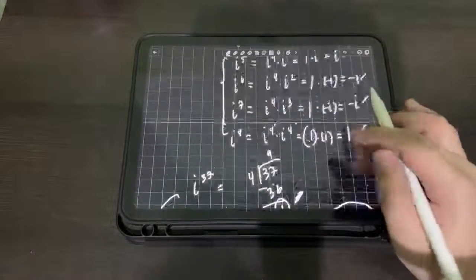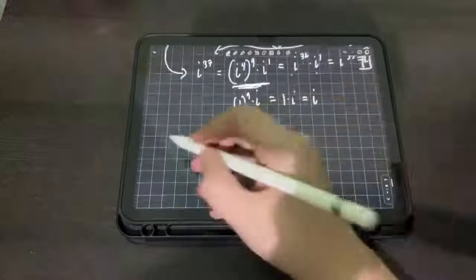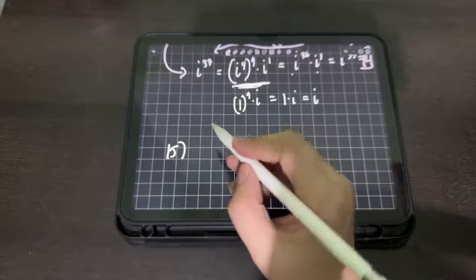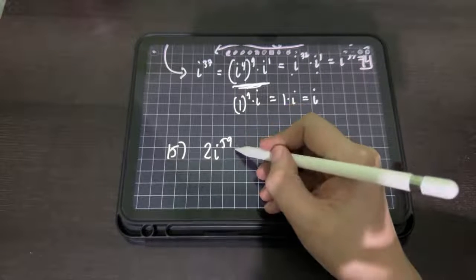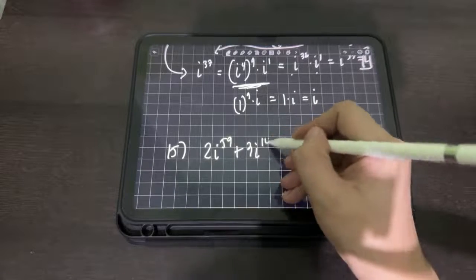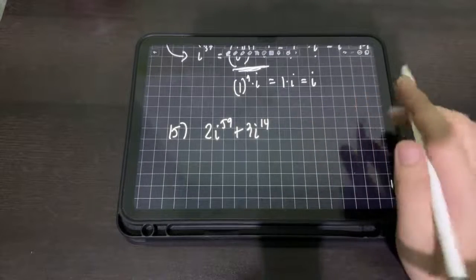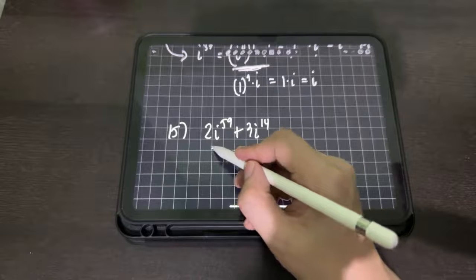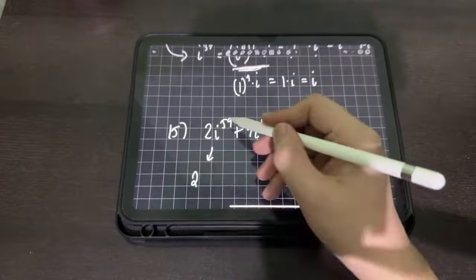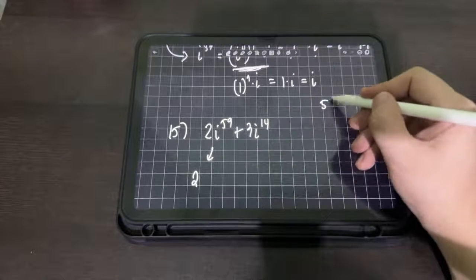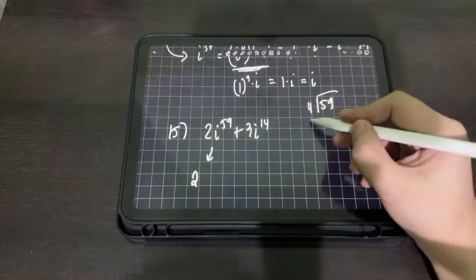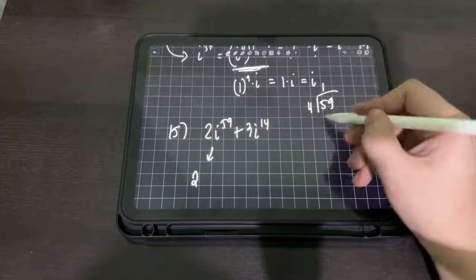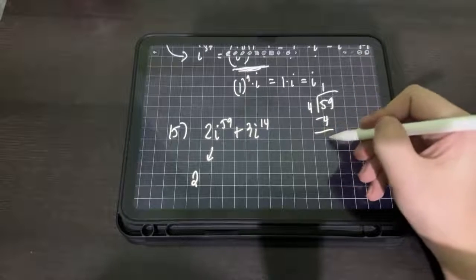Okay, next, number 15. What if 2i to the 59 plus 3i to the 14? So, for 2i to the 59 first, let's get the remainder when we divide 59 by 4. 5 divided by 4, 1. 1 times 4, 4. 5 minus 4, 1.